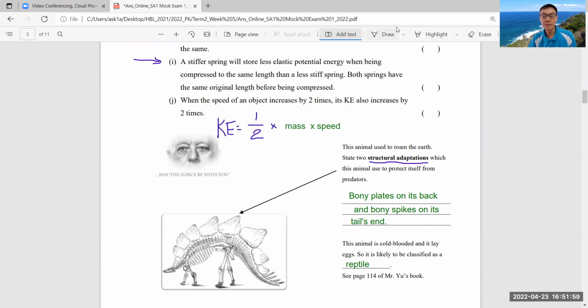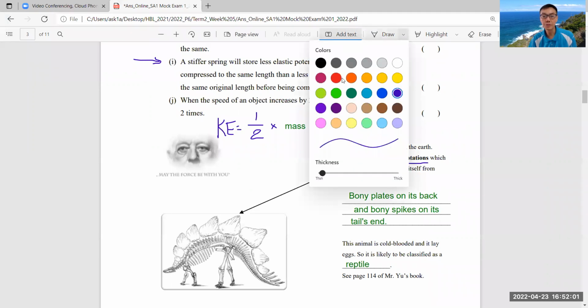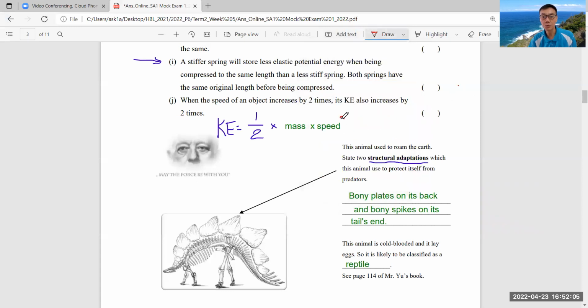But the speed you have to the power of 2, you know, square, right? You learn mathematics, right? Let's see, the speed is measured in meters per second. Let's say 2, 2 to the power of 2, or 2 squared, is 4. So let's say it's 3, right? If you increase the speed by 3 times, 3 to the power of 2, 3 times 3 is 9.